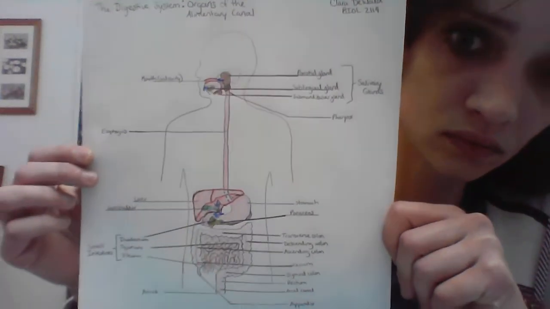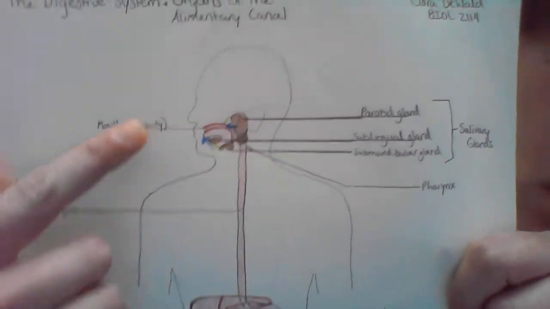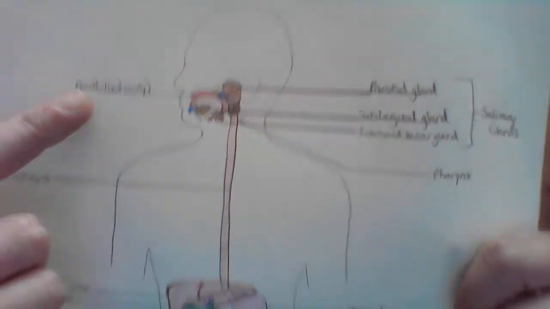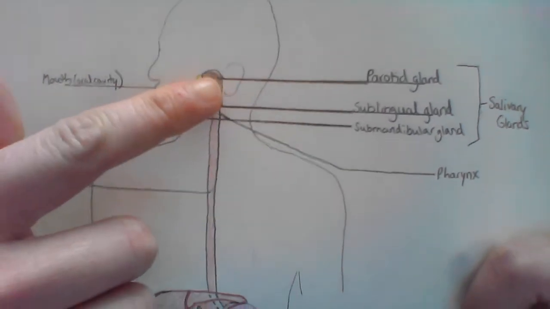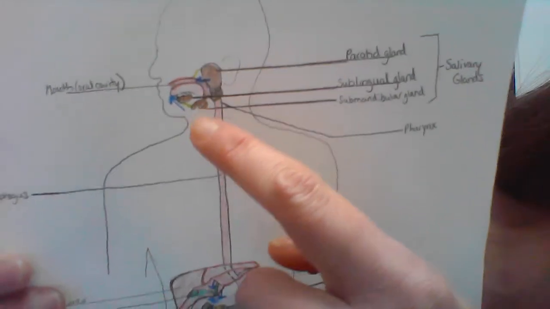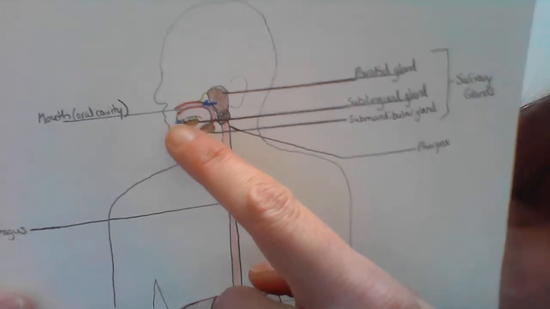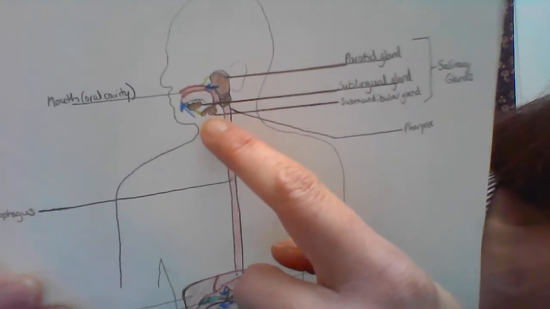So this is my drawing. And we will begin with the mouth or the oral cavity. That's where food would enter. And then we have the parotid gland, the sublingual gland, and the submandibular gland.